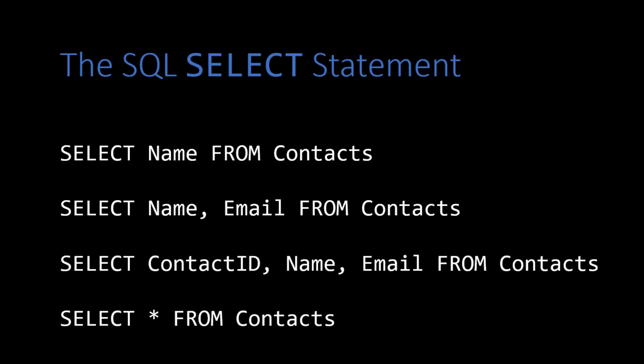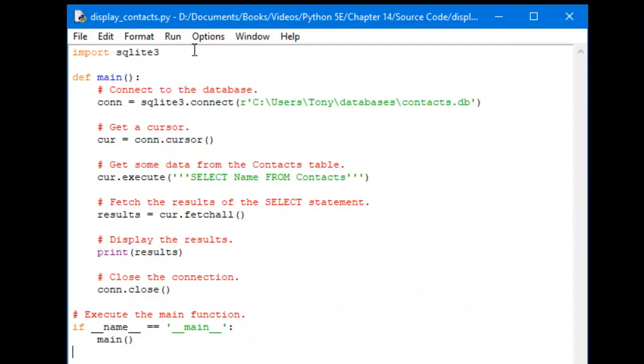Of course, the way that we use the select statement is with the cursor object's execute method. So let's switch over to IDLE and let's look at a program that uses the select statement. Okay, well here's a program that I've written called display contacts. It starts out with an import statement for the SQLite 3 module.